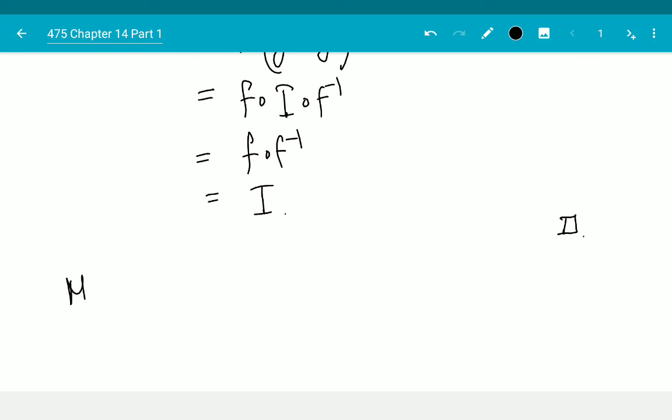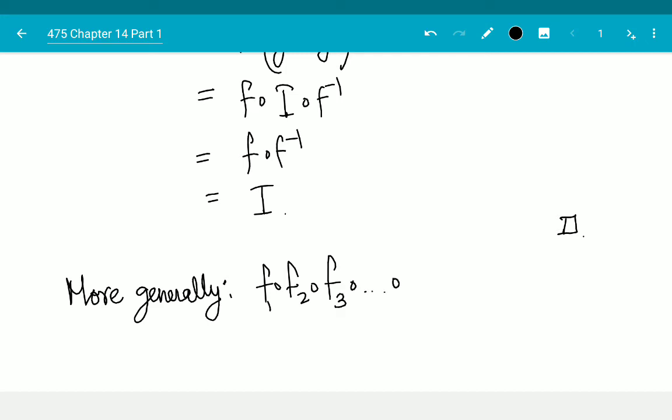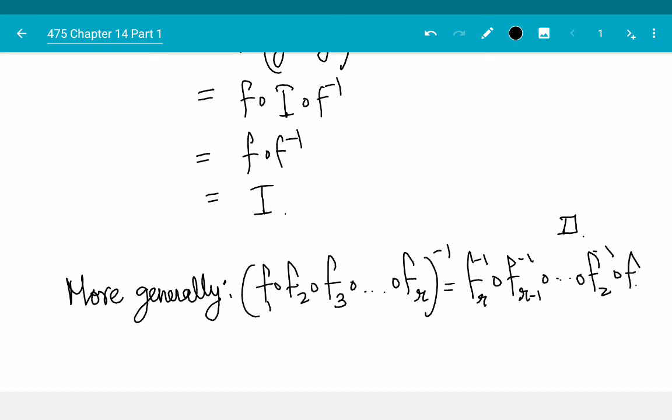More generally, f1 composed f2 composed f3 composed dot dot dot composed fr, all of this inverse is equal to fr inverse composed f(r minus 1) inverse composed dot dot dot f2 inverse composed f1 inverse. Okay, so you throw the minuses on top and you reverse the direction.